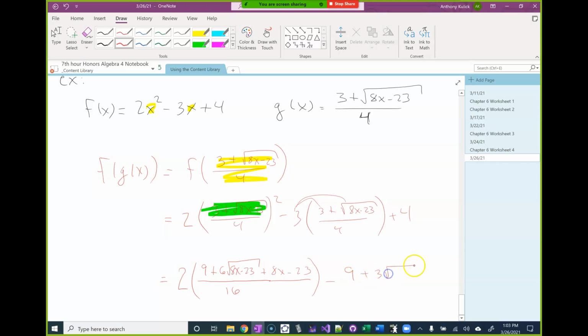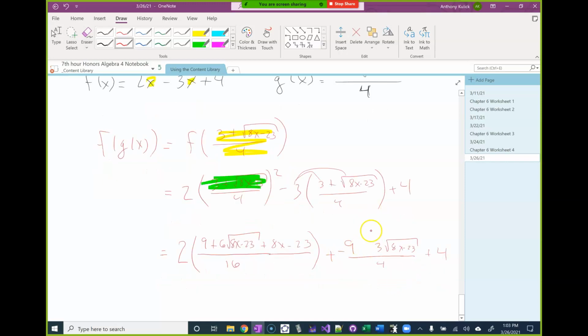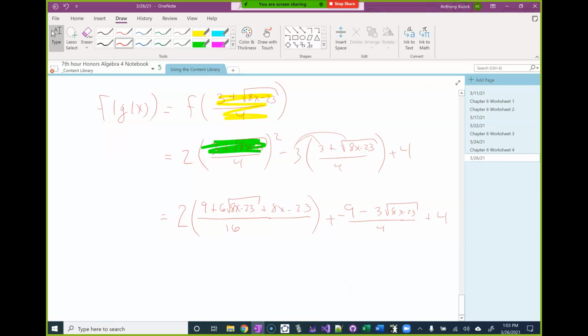That'll probably be easier to keep track of the negatives if I do it now, right? So I'll reduce there. Cool. And then make a denominator by multiplying this guy by 2 over 2, and this guy by 8 over 8.